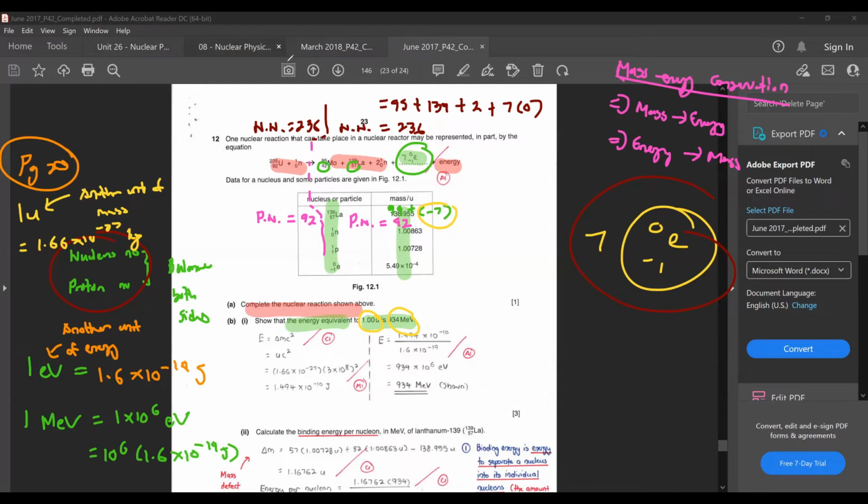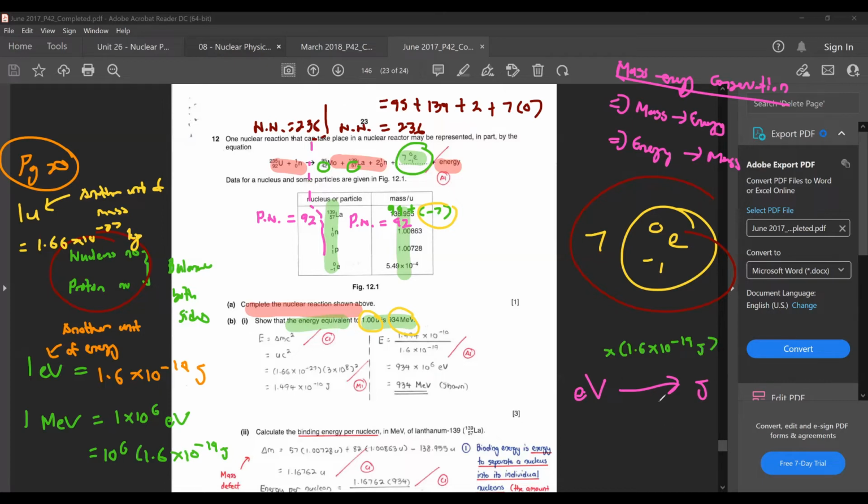So let me just mention this to you first. When you have eV and you want to change to joules, you multiply with 1.6 times 10 power minus 19 joules.